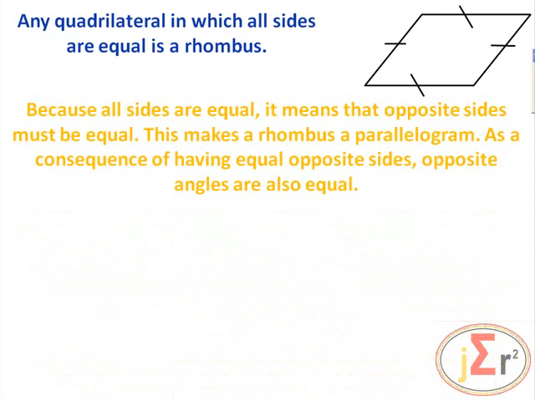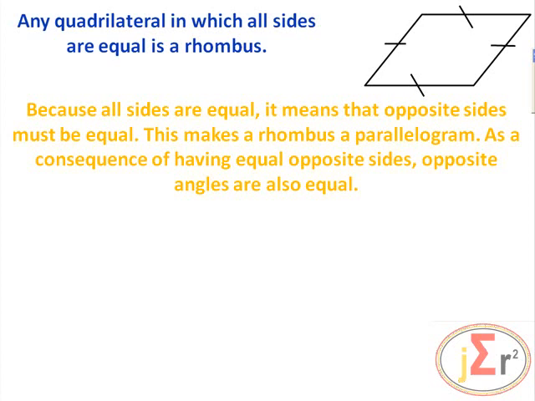Each side has a single dash. Because all sides are equal, opposite sides must be equal. This means that a rhombus is also a parallelogram.